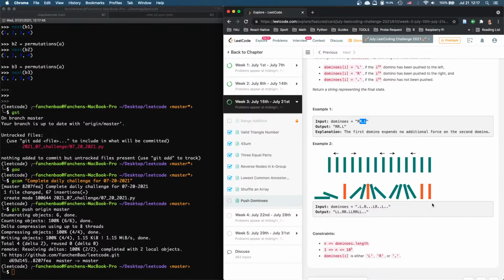Let me think. If we have a pattern of right, left, right first and then left, then something will converge.